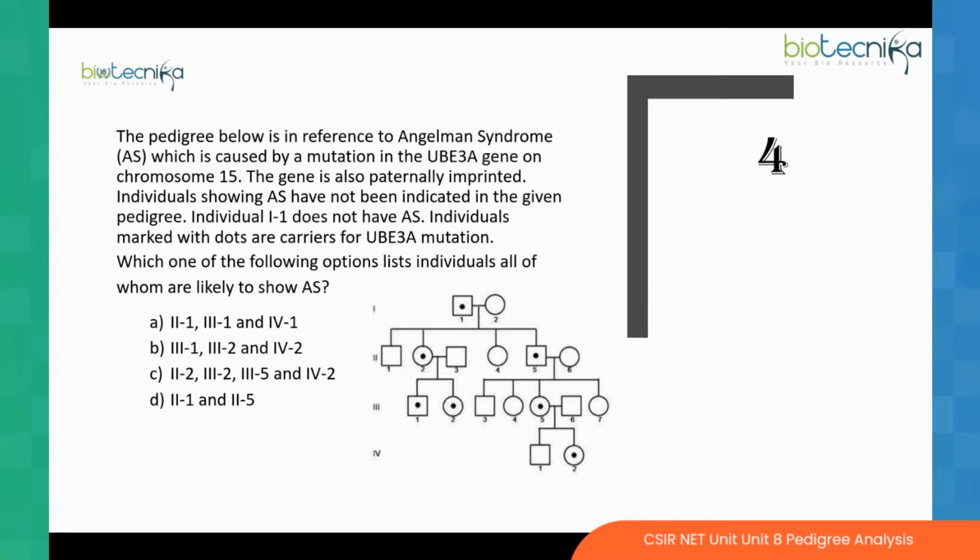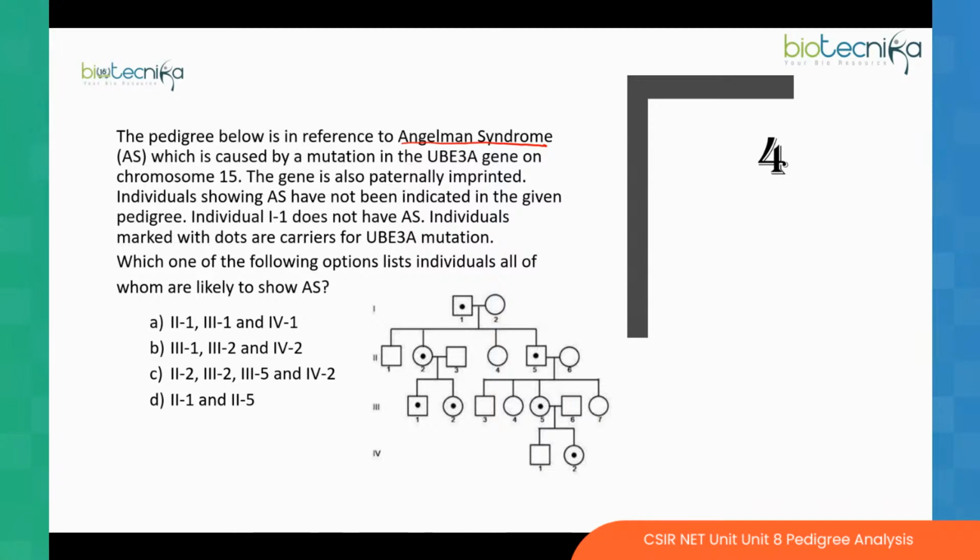For this particular question, you have to have information on Angelman syndrome. In your CSIR syllabus, there is a topic on genetic disorders in humans, right? So you have to have information about genetic disorders and how they are caused, or how a particular disorder is inherited.